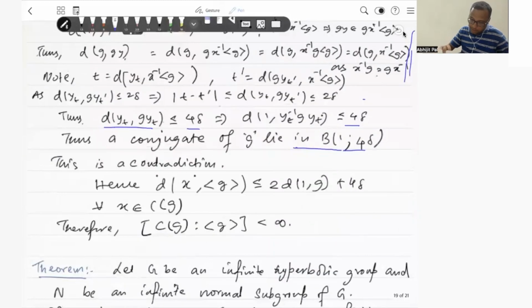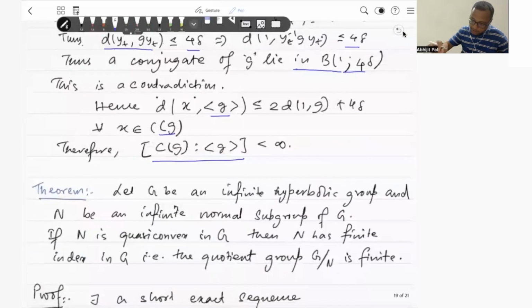Because of that, the distance of x to the cyclic subgroup is less than or equal to twice the distance of 1 to g plus 4 delta. And this is true for all x belonging to the centralizer of this element g. So this will imply that this index is finite.